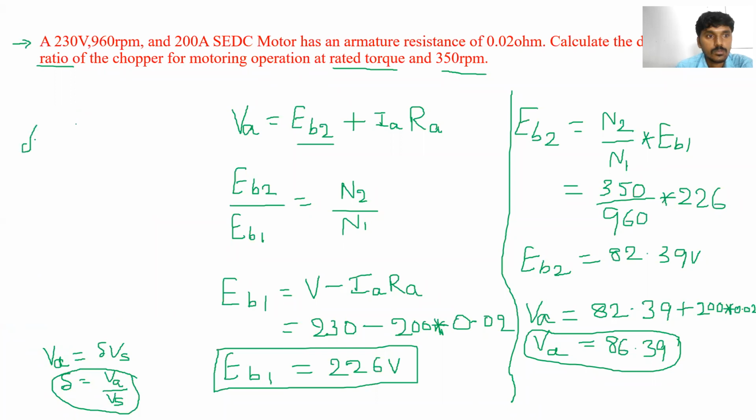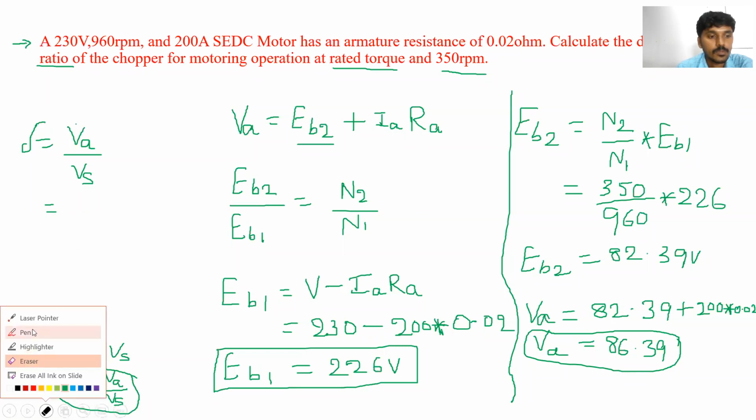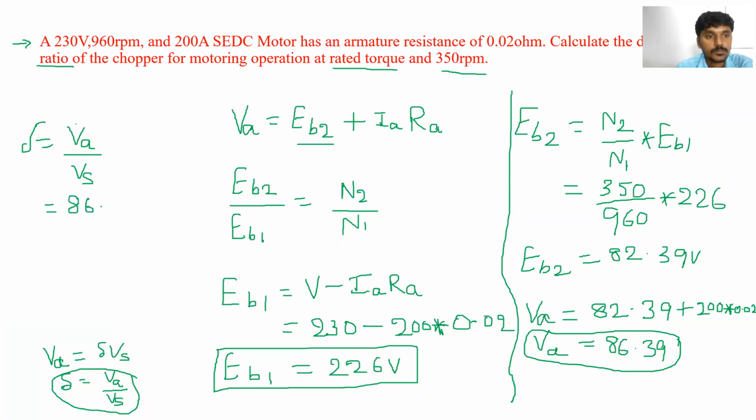Delta is equal to VA upon by VS, which is 86.39 divided by VS, 230.